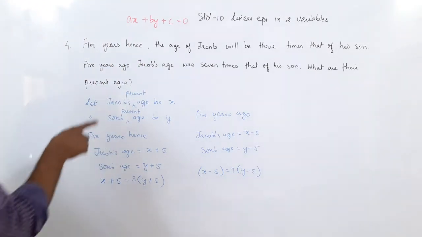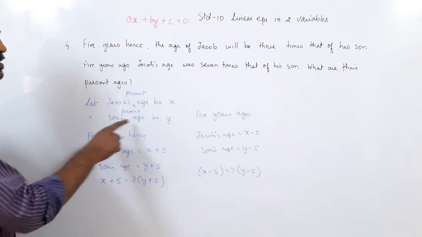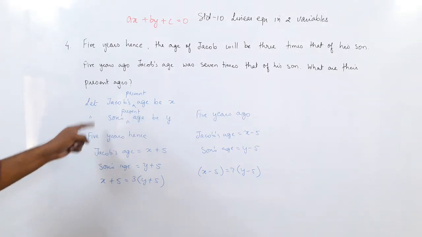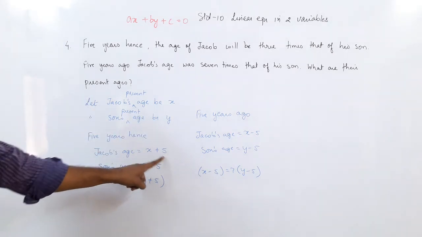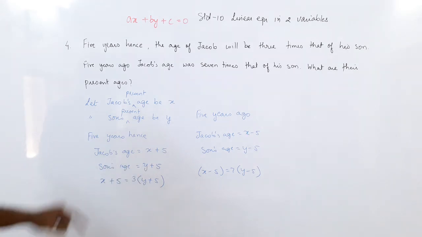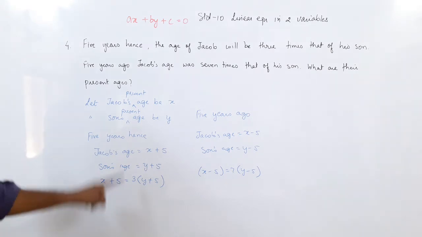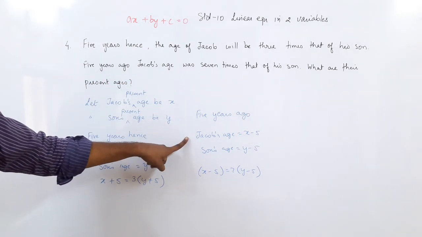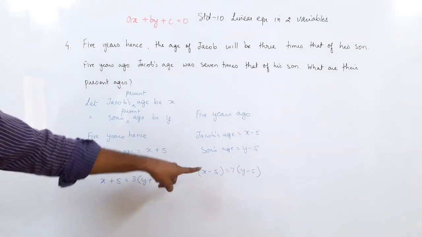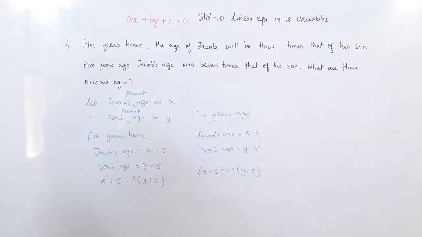So we have taken Jacob's present age as x, son's present age as y. 5 years later, Jacob's age will be x plus 5, son's age will be y plus 5, and the relation is Jacob will be 3 times the age of his son. And 5 years ago, Jacob's age was x minus 5, son's age was y minus 5, the relation was 7 times. So now we have to make the equations.